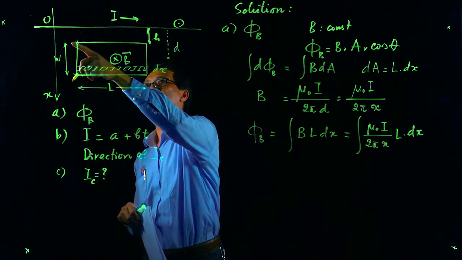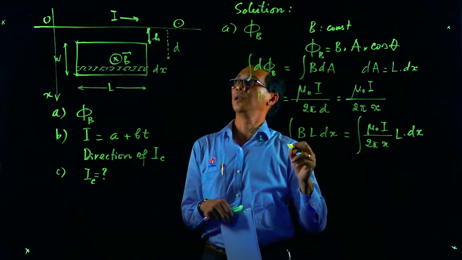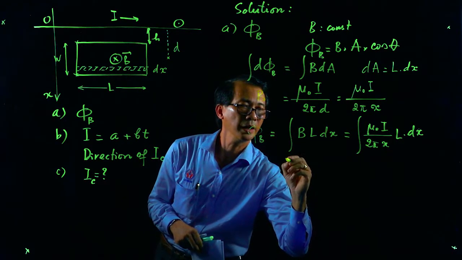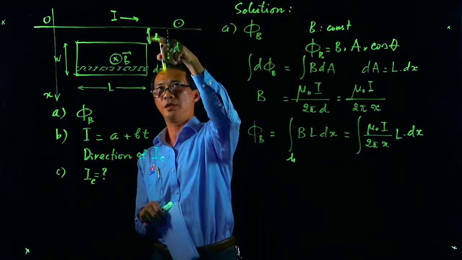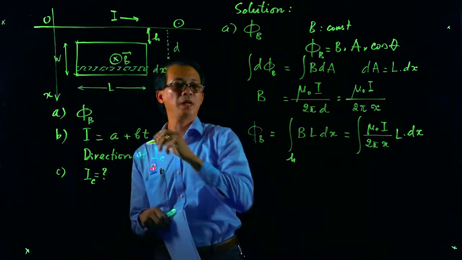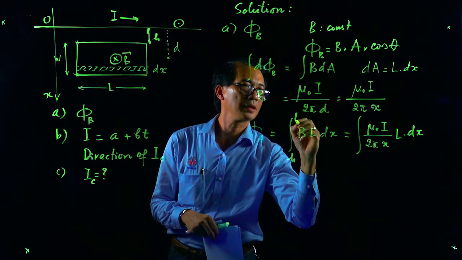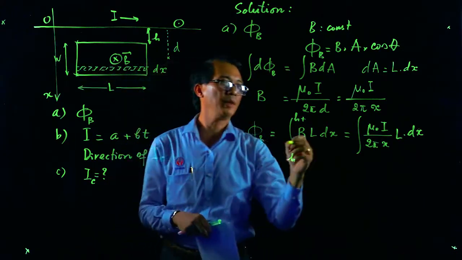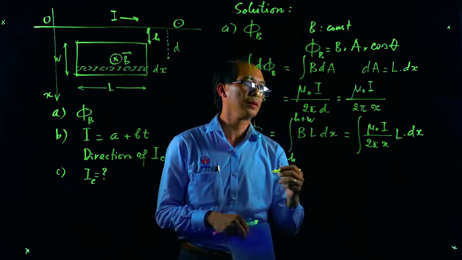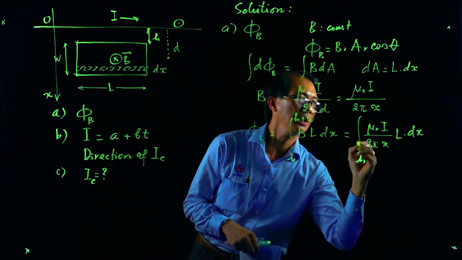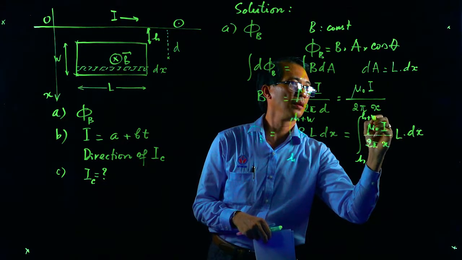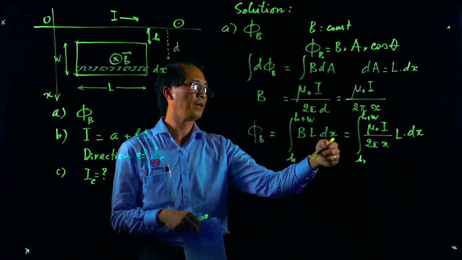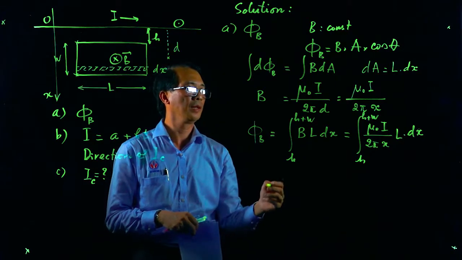So here, the first point has the coordinate of h, right? H. And this point has the coordinate of h plus w, right? So here I copy it here. So it's easy for you to calculate this integral.